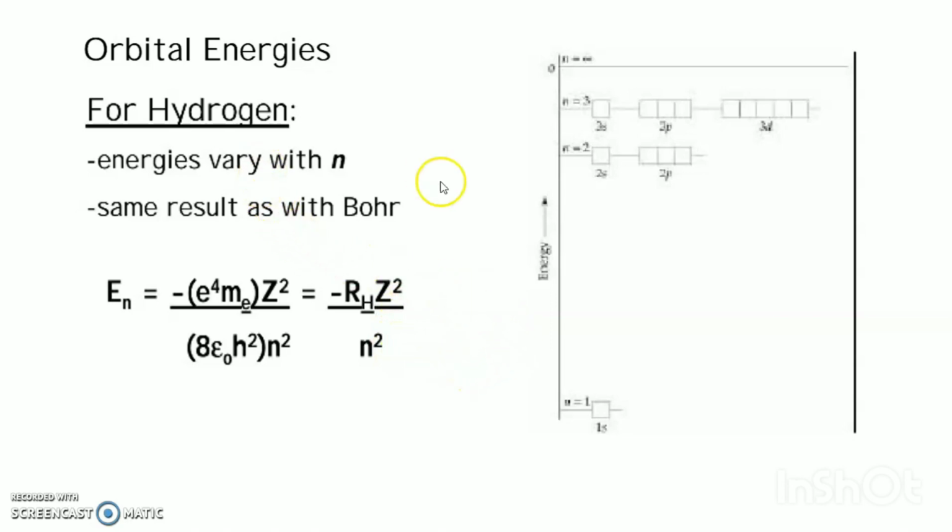So friends, these are the orbital energies, and you see the diagram. When n equals 1, 2, 3: 1s, 2s, 2p, 3s, 3p and 3d.